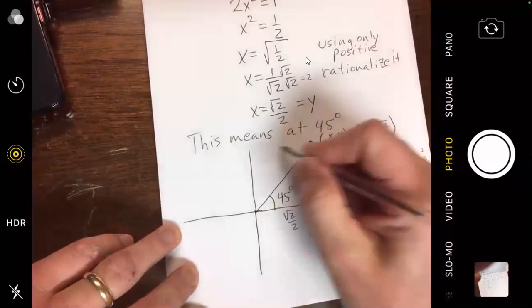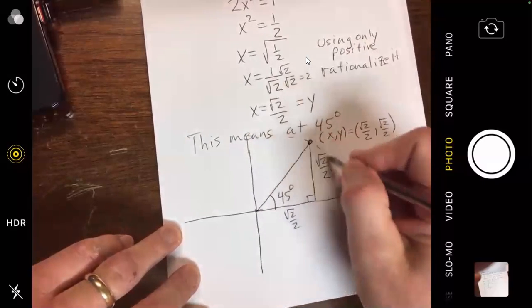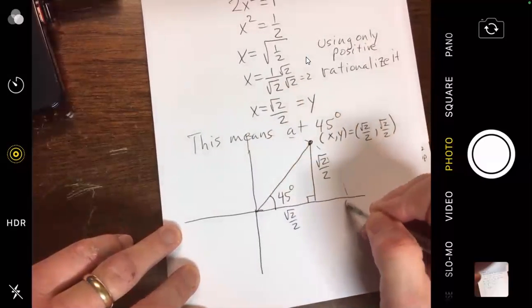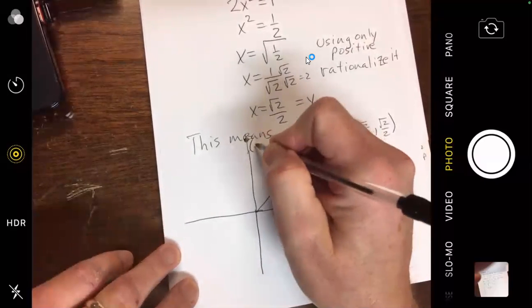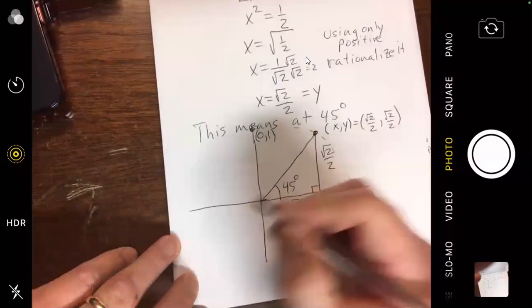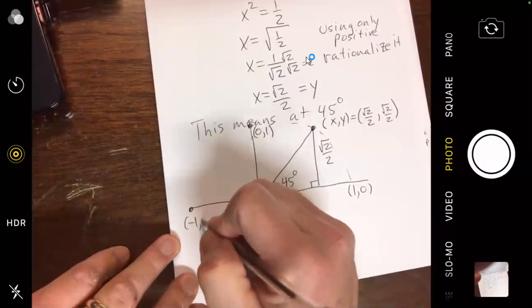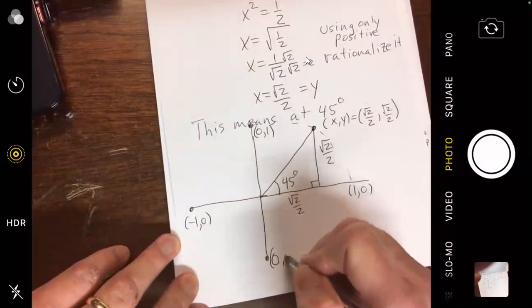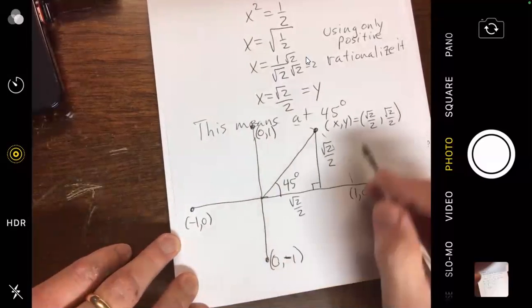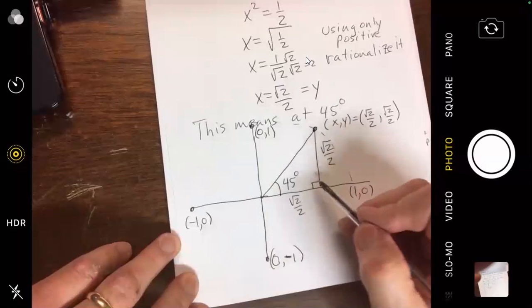Remember, it's on a circle. The beginning coordinate is 1, 0. The coordinate up here is 0, 1. The coordinate over here is negative 1, 0. The coordinate down here is 0, negative 1. And the coordinate here is root 2 over 2, root 2 over 2.